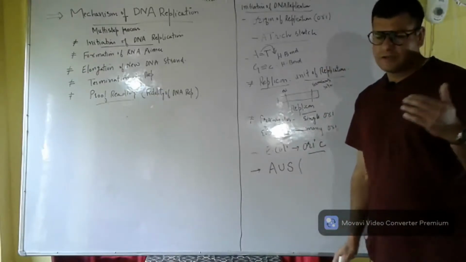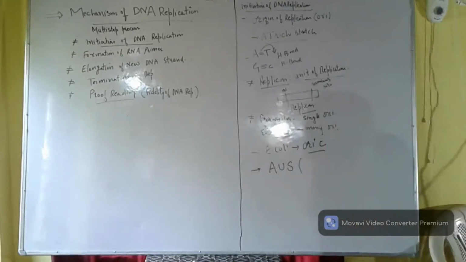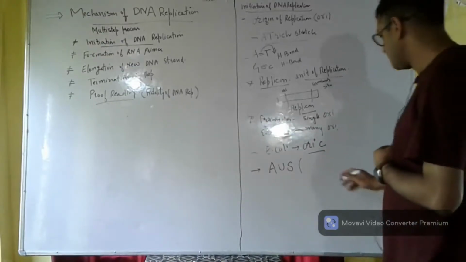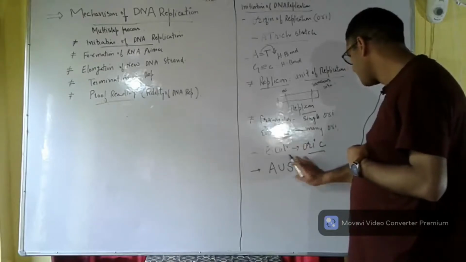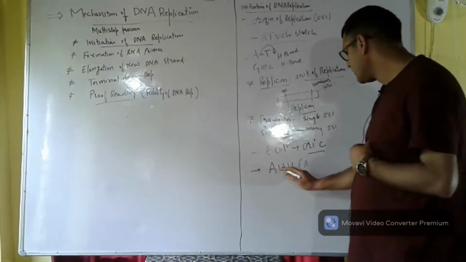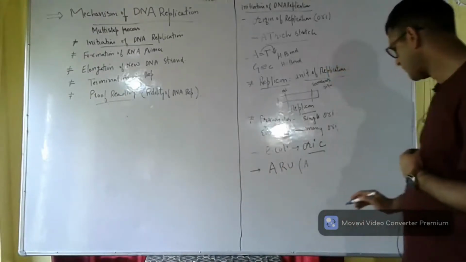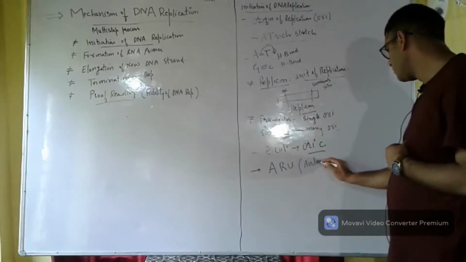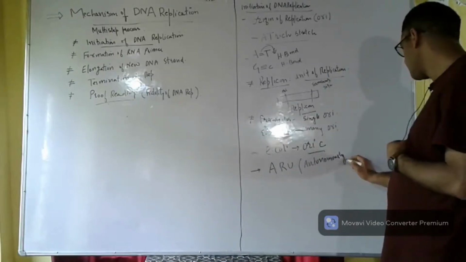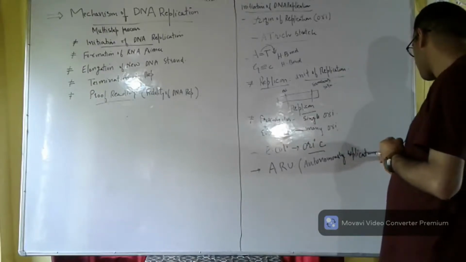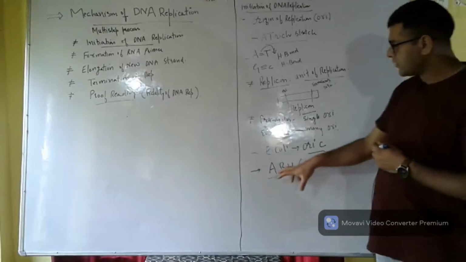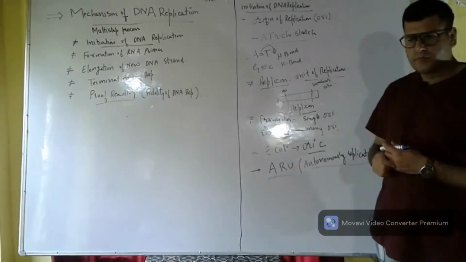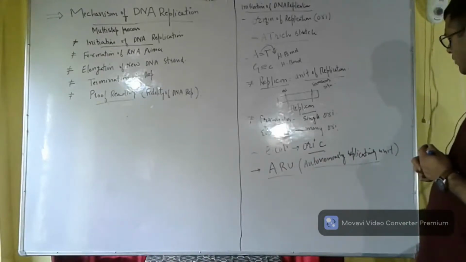They represent the origin of replication in yeasts. In yeasts, the origin of replication is known as an autonomously replicating sequence, or autonomously replicating unit.